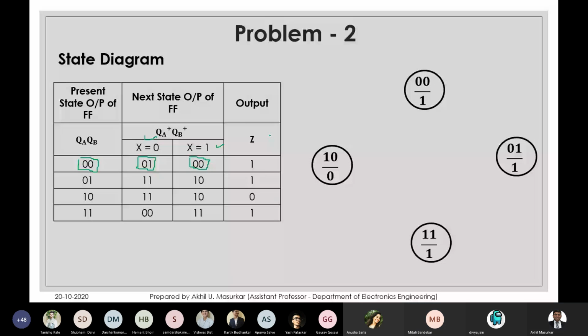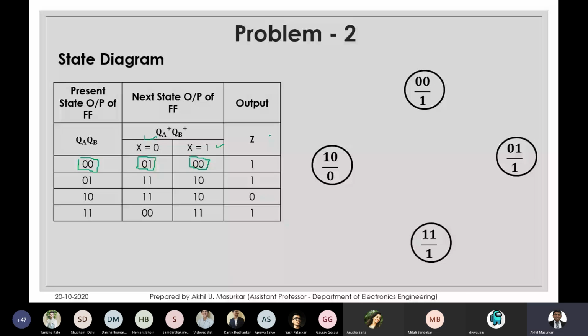0. Okay. So my next question to you again is, do you really have to see the next state to tell me what the output is? No, sir. So why were you getting confused?